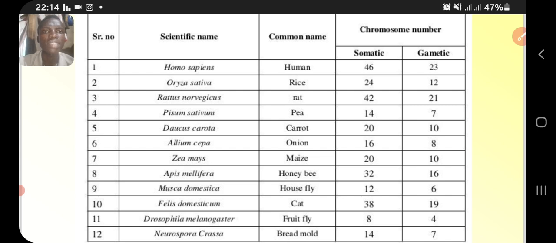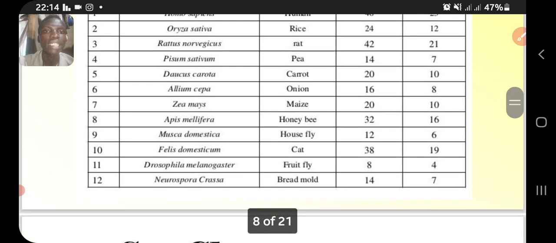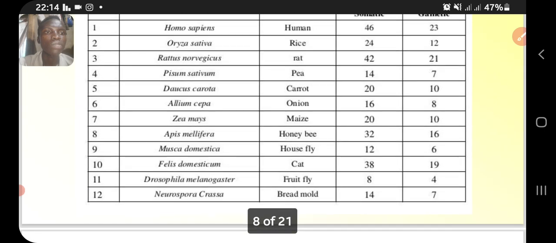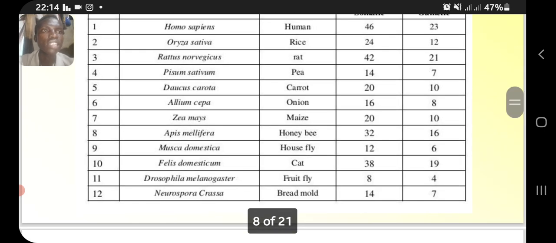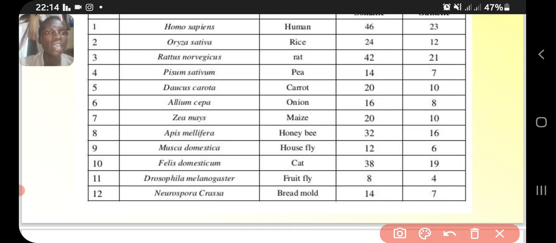Look at number 7, which is Zea mays, maize, with 20 in the somatic cells and 10 in the gamete. And then we look at another one right there, the cat, Felis domesticus, which has 38 chromosomes, and 19 in the gametes, sorry.